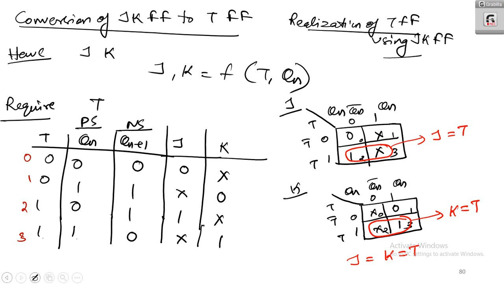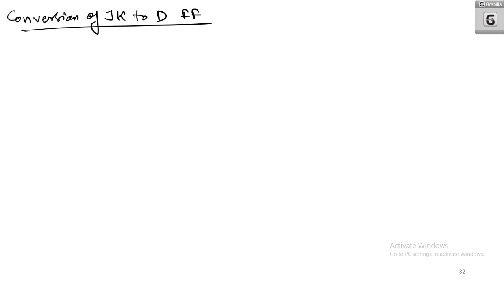Now the last one in the conversion of JK is the conversion of JK to D flip-flop, or we can write realization of D flip-flop using JK flip-flop.